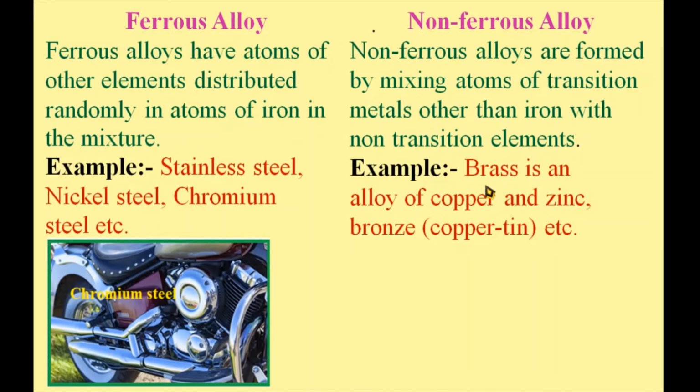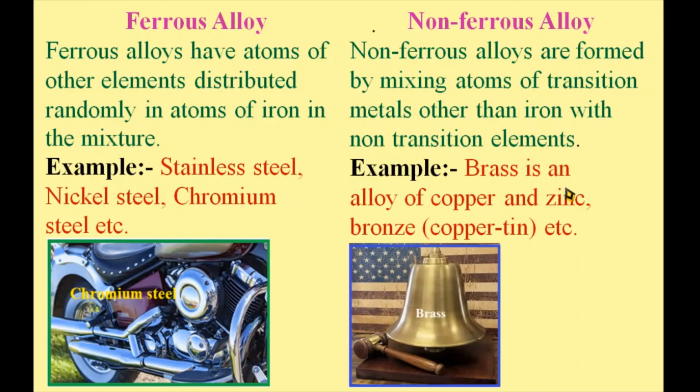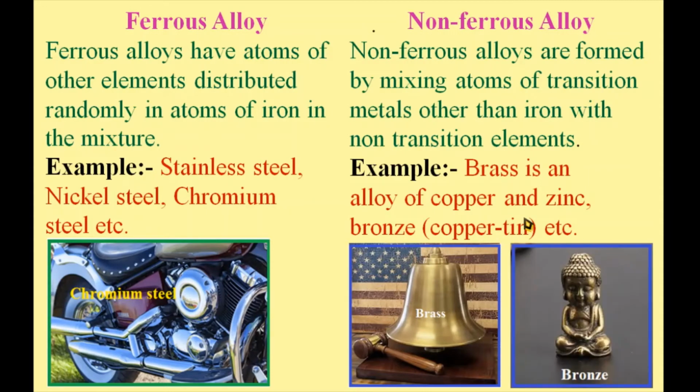Copper is a transition series element but zinc is not, so it is a combination of a transition element and a non-transition element. It is used in the preparation of bells, trumpets and band instruments. Then bronze, which is a combination of copper and tin, a transition metal and a non-transition metal. It is used for the manufacture of statues.